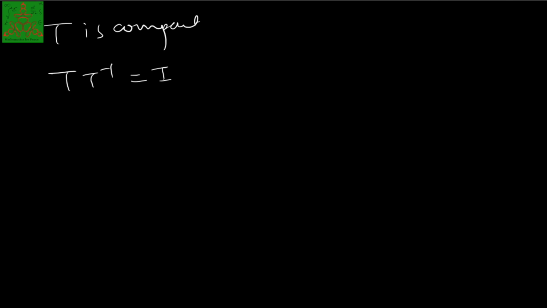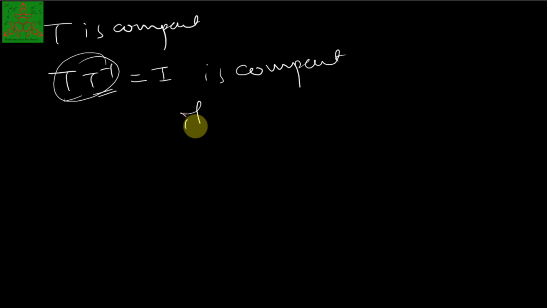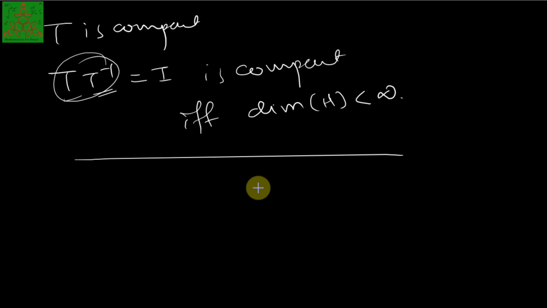So as per that, T inverse is a bounded operator, but T belongs to K of H, so this is a compact operator. And we already mentioned that identity is a compact operator if and only if the dimension of H is finite. So this is my last result for this lecture.